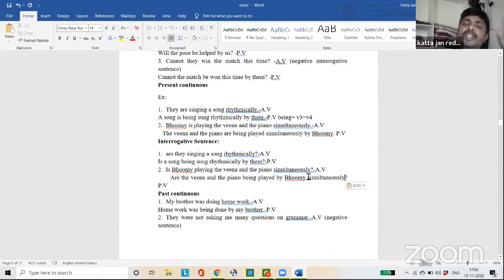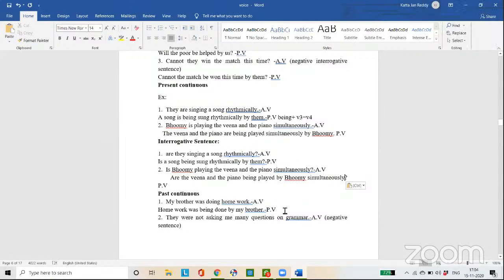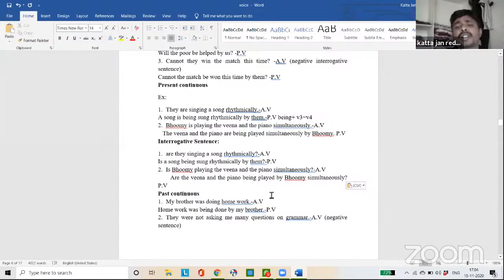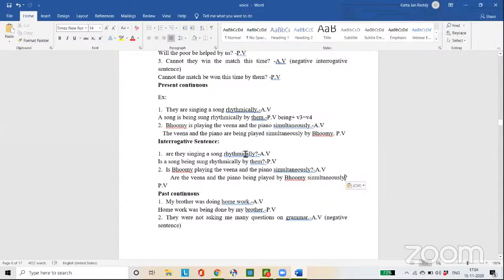I just told you there is a chance. In the above sentence, they are singing a song rhythmically, in that sentence also we can use rhythmically at last. Yes. Okay. There is a possibility to use this kind of adverbs after V3.